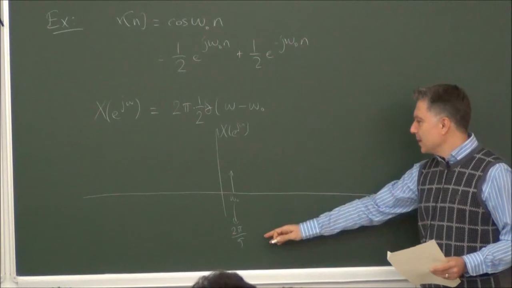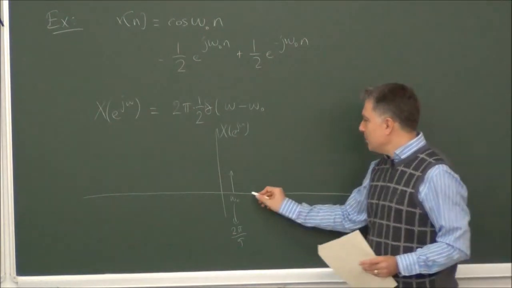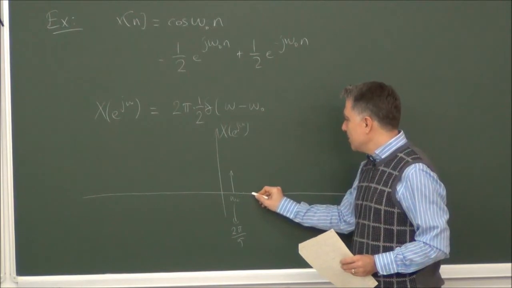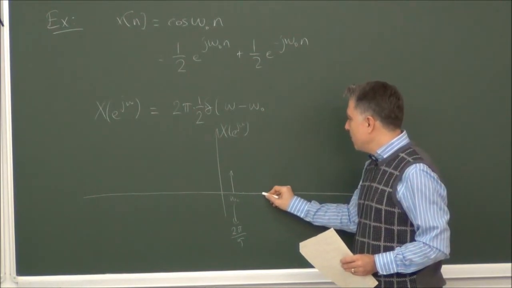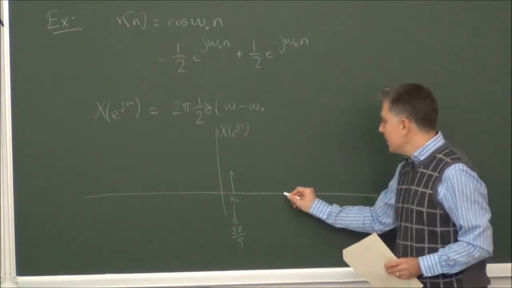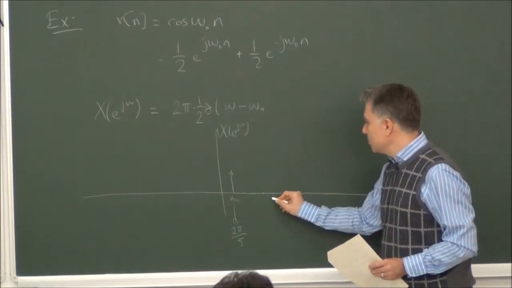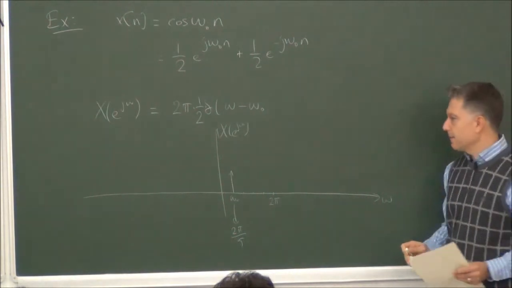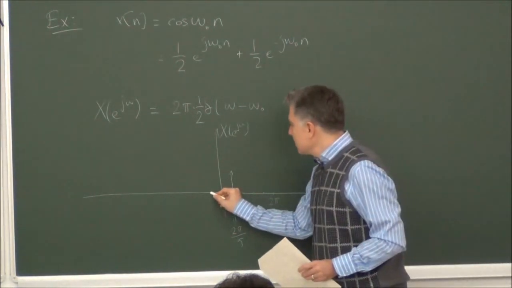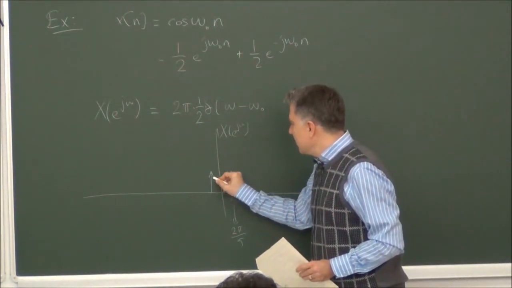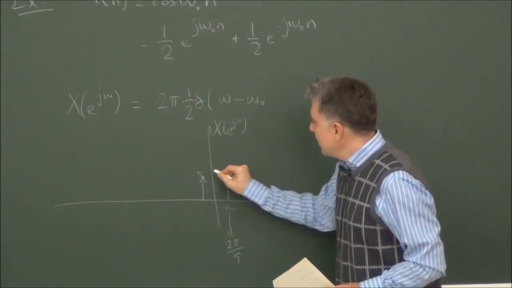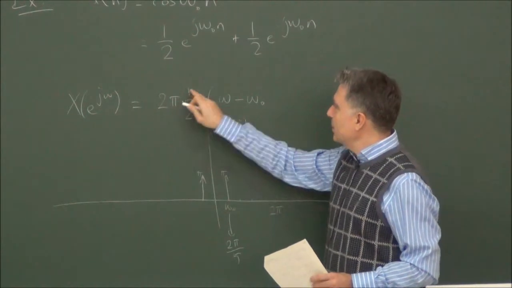With that example, we have 2 omega 0, 3 omega 0, 4 omega 0. And then 5 omega 0 corresponds to 2 pi, doesn't it? And we have a minus omega 0 with the same impulse. By the way, the height of these impulses is pi and pi, because 2 pi times 1 over 2 is pi.